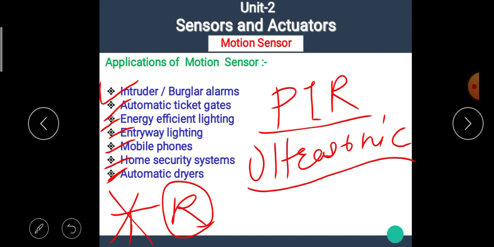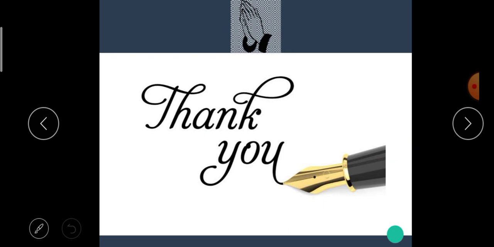Okay, sometimes there is a combination of these active and passive types of sensors. I hope you all understand all the things about the motion sensor.